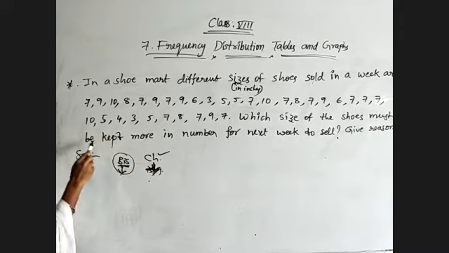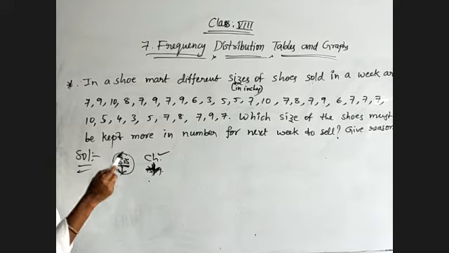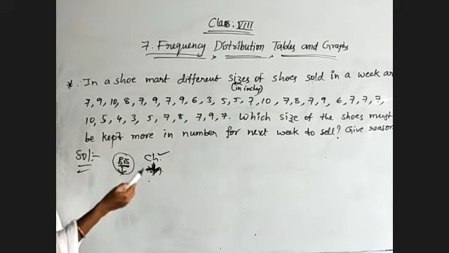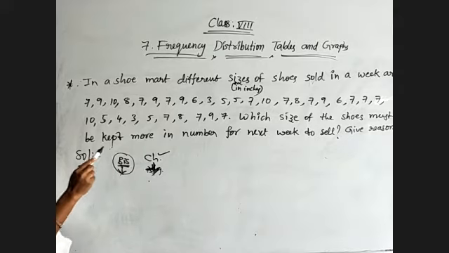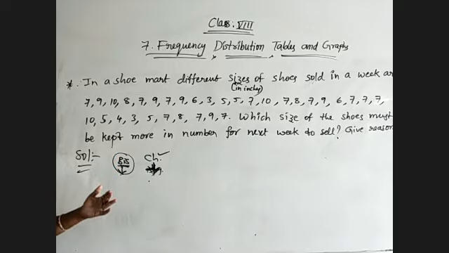Same like that only. Here different sizes are given for the shoes. Which size of shoes is sold more? That one we need to bring next week. If the remaining ones were not sold, they remain like that only. So the shopkeeper will buy, but he will take fewer objects, not more.